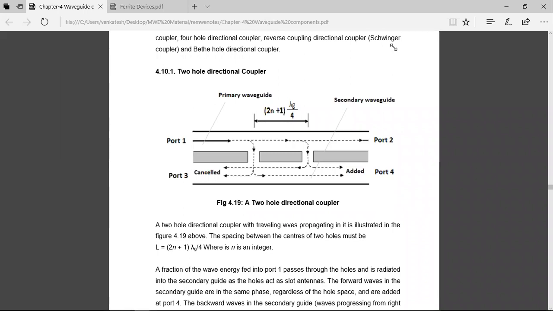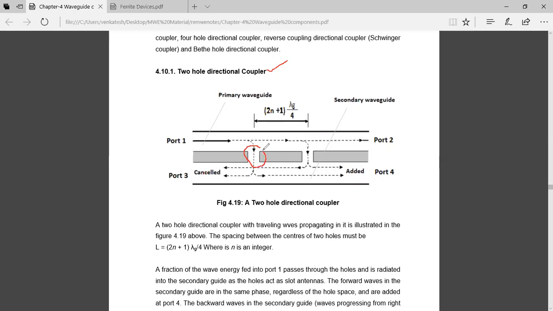So this is the two hole directional coupler, and we are going to perform the experiment based upon it. Let me explain the constructional features. In the two hole directional coupler there are two holes.